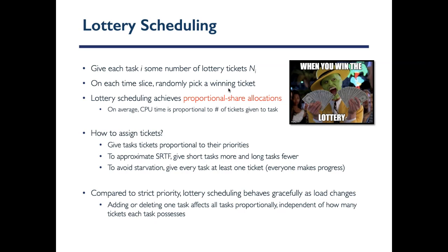Everybody would feel this proportional to the number of tickets that they have, and independent of how many tickets each other task has. So your priority is dictated by how many tickets you have. So you're less impacted by how tasks are added or deleted.